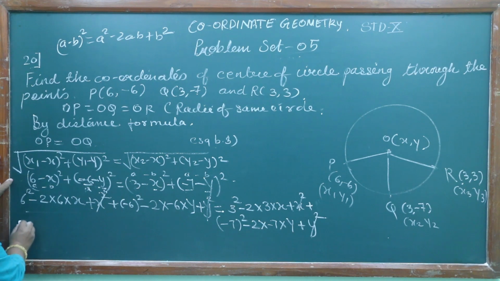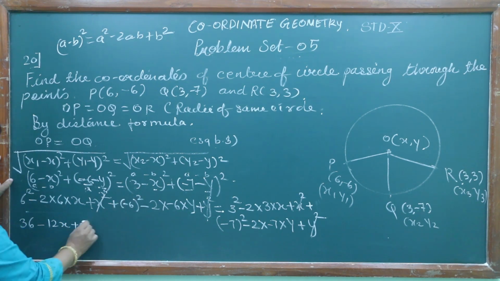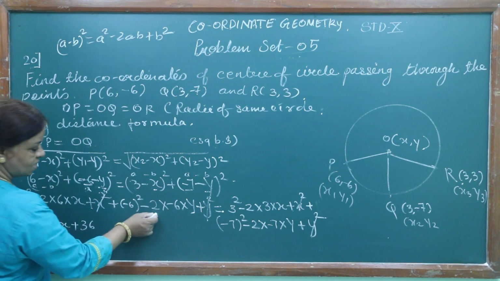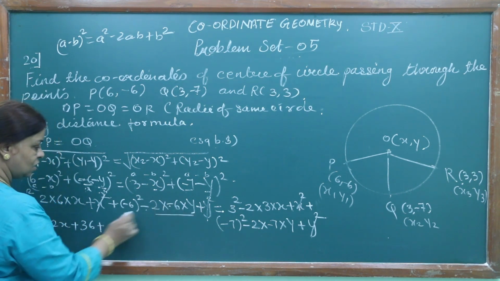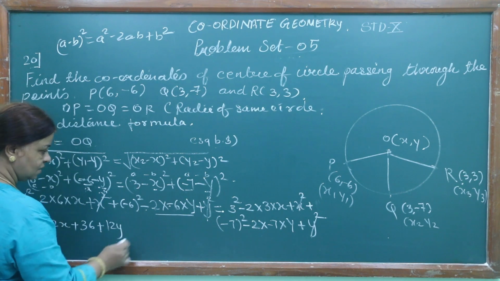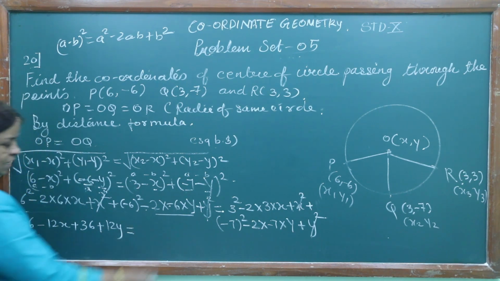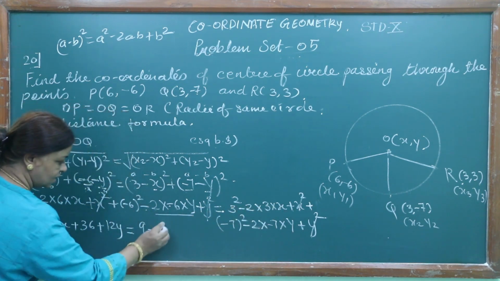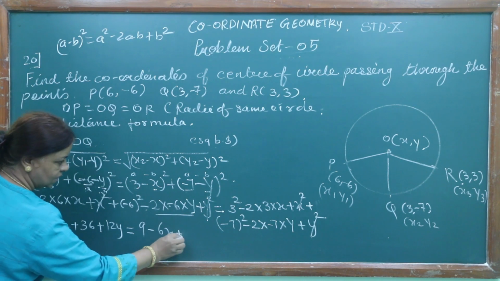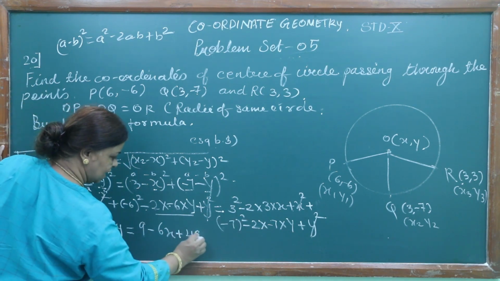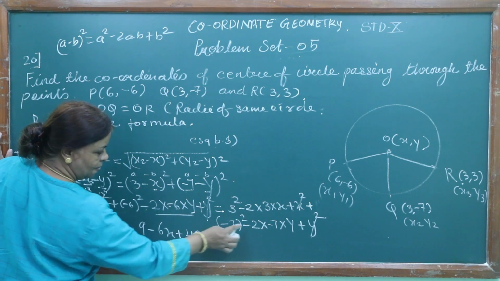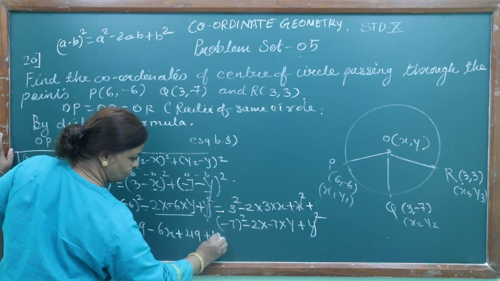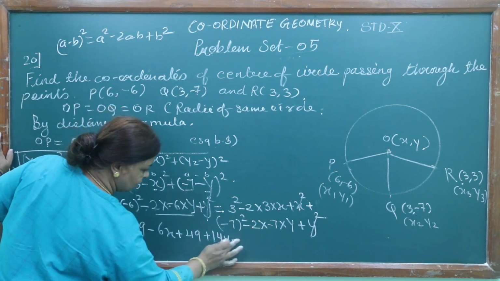Left will be 36 minus 2 6s are 12x, then plus 6 6s are 36, minus plus 2 6s are 12y, which is equal to 3 square is 9 minus 2 3s are 6x plus 7 square means 49, minus plus 2 7s are 14y, and then y square we have already cancelled.